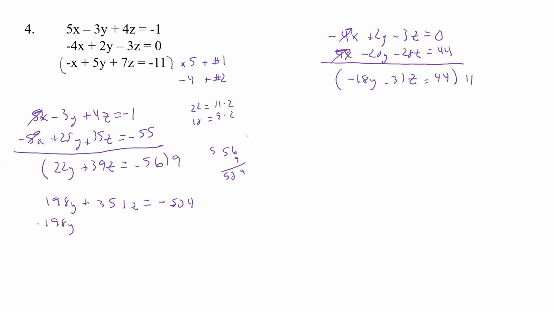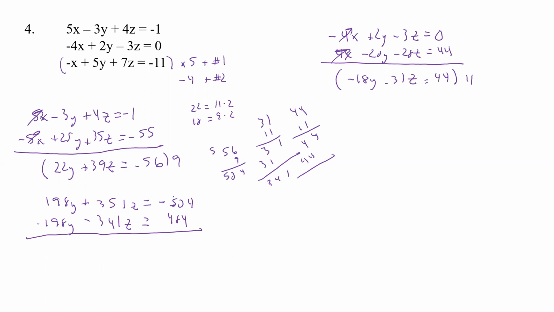And then 31 times 11, so that's 1313. And so we get 341. So that's going to be a negative 341z. And then we have 44 times 11, so that's 484.